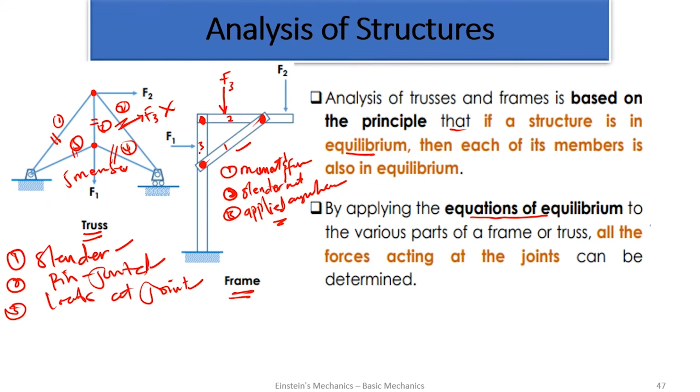What we are saying is that we take the entire system to be in equilibrium so that when I remove just a member, I'll make analysis at a joint and apply all the equations of equilibrium. We know that the equations of equilibrium are: summation of Fx is 0, summation of Fy is 0, summation of moment about any point is also 0.